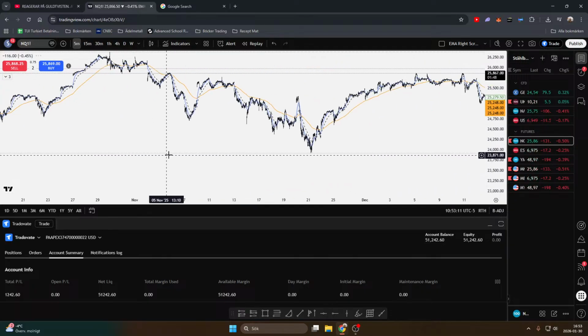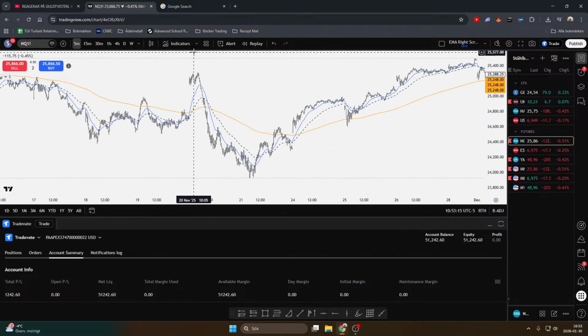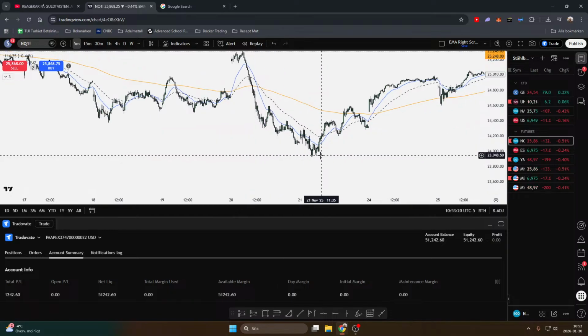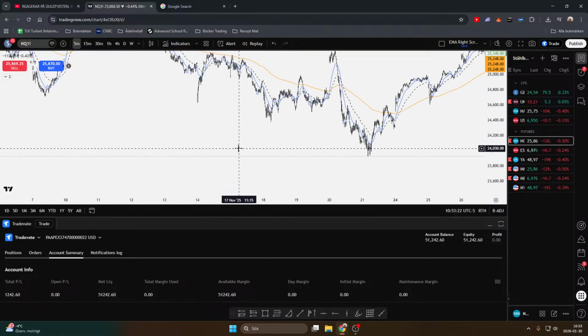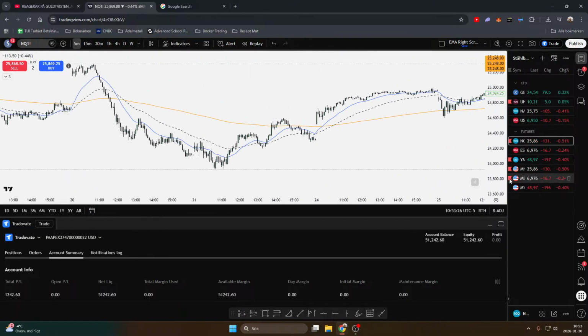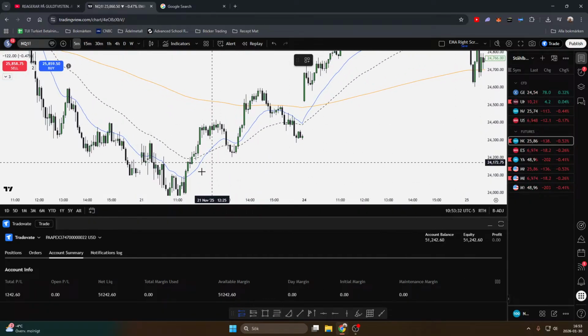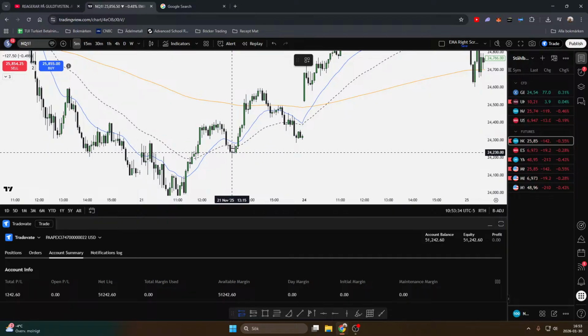We had breached, traded above the open, and in the afternoon we did the reversal like here. Then the setup I made 34 grand with was just buying at the 20 EMA.